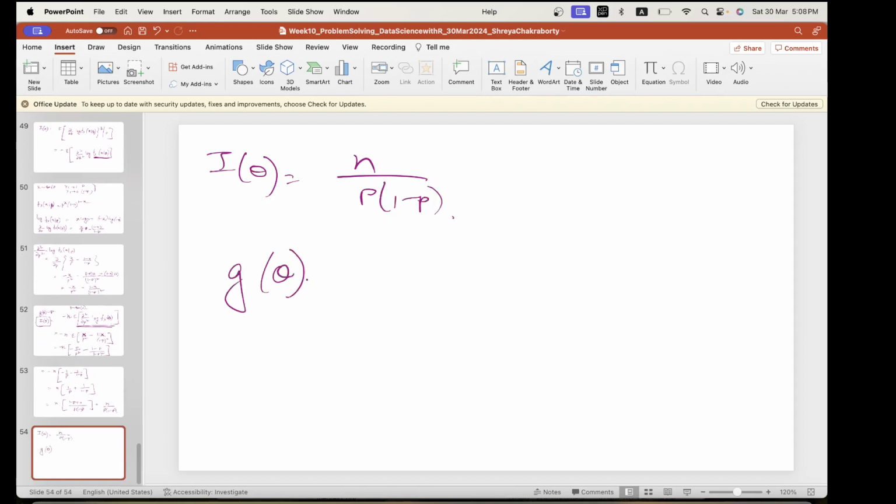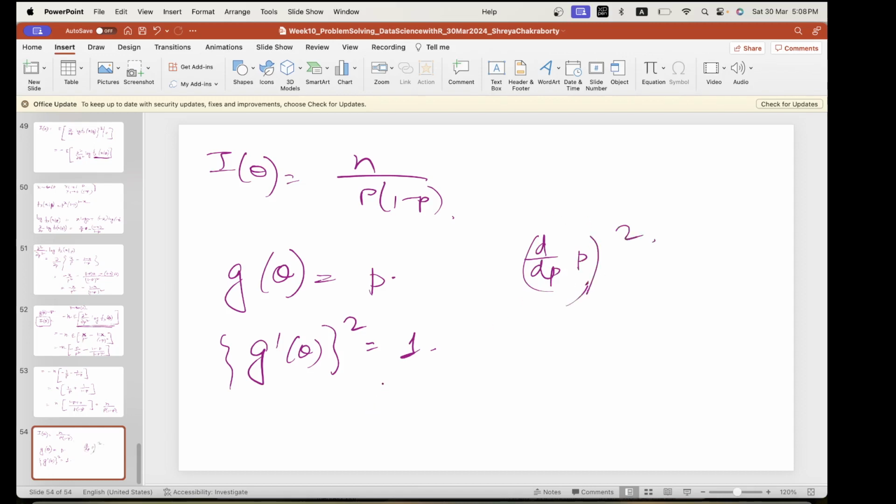G theta is how much? G theta is p. So g dash theta square is equal to 1, because this means d dp of p and then square of that. Alright. So then this is 1.